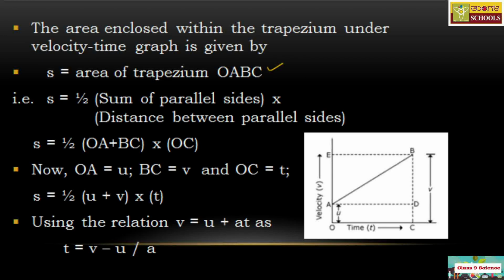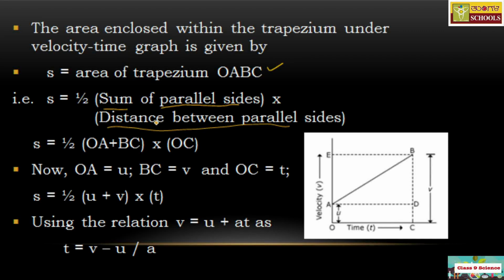Now I am calculating the area of the trapezium OABC. How do you calculate the area of a trapezium? It is half the sum of parallel sides into the distance between the parallel sides.